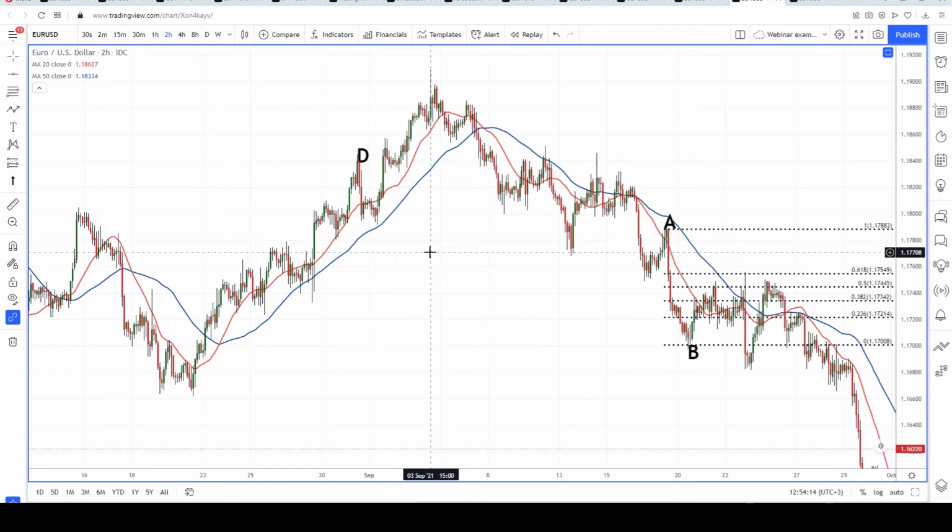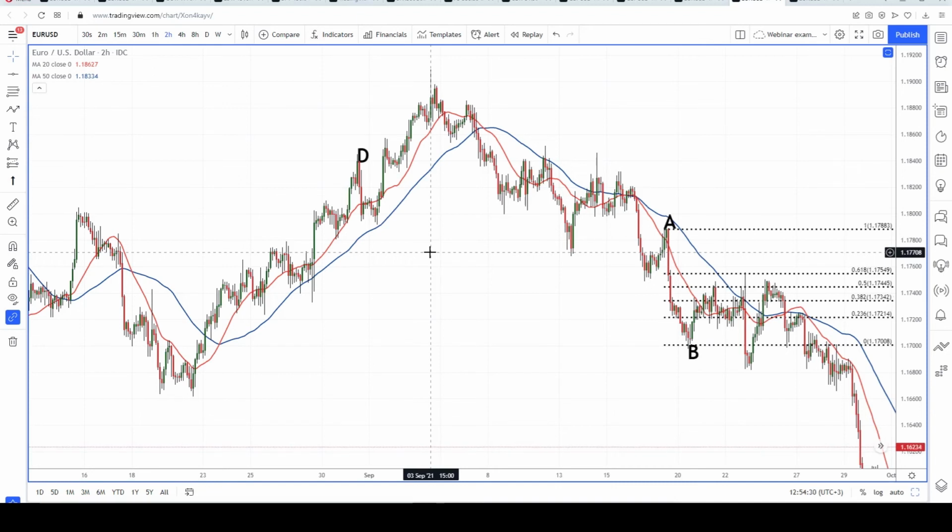There's a question about a preferable place of stop loss. That is a tricky one. There is no preferable point for a stop loss.